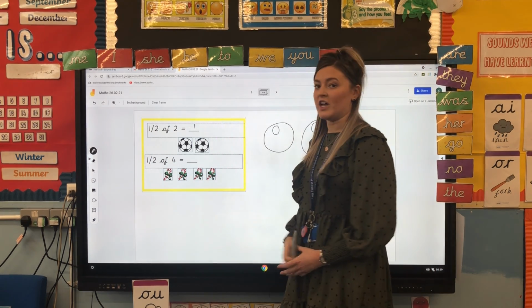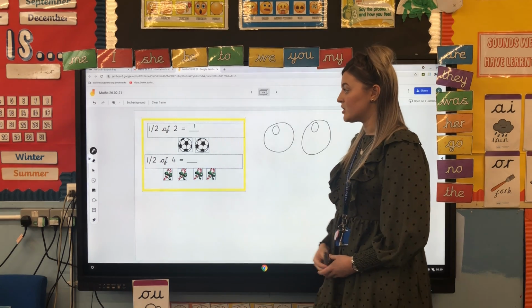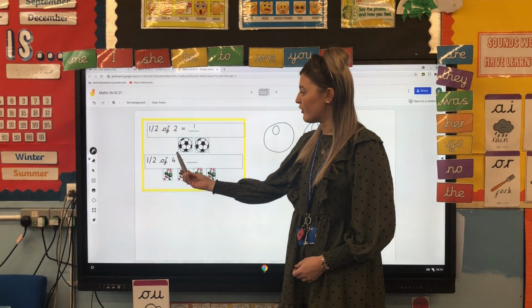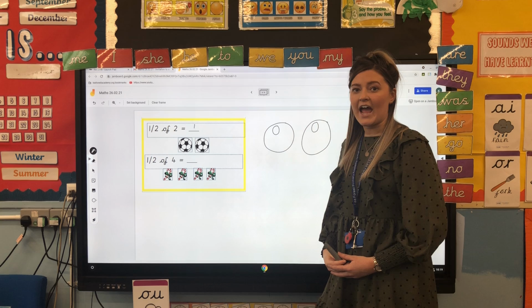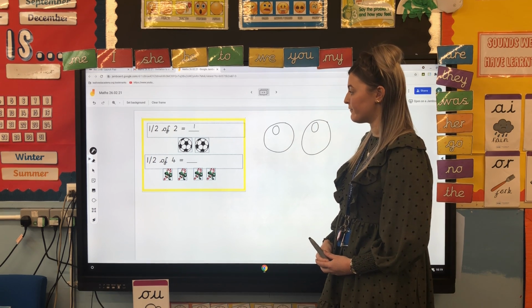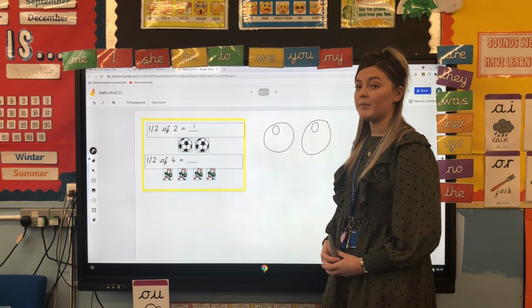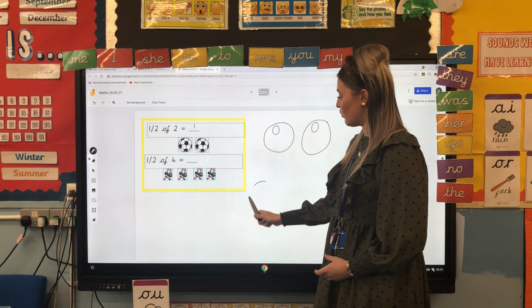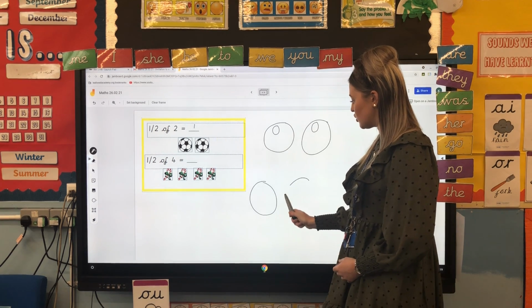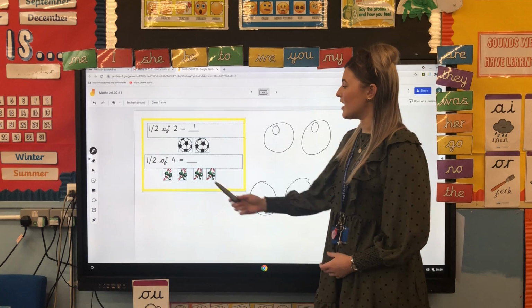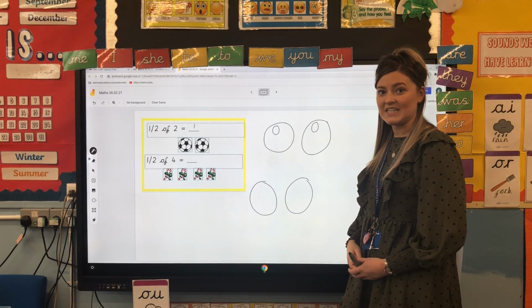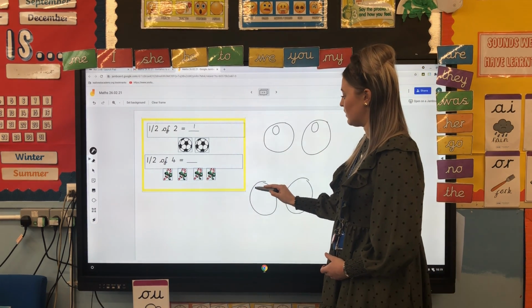My second question is asking me this time to find half of 4. And again, to help me find half of 4, I am going to draw 1 group, 2 groups, and I'm going to equally share the candy canes into these groups.